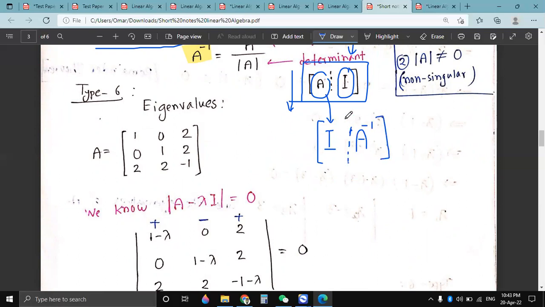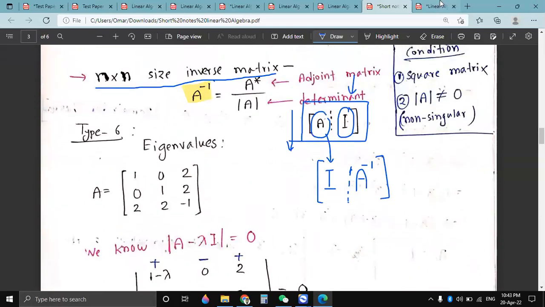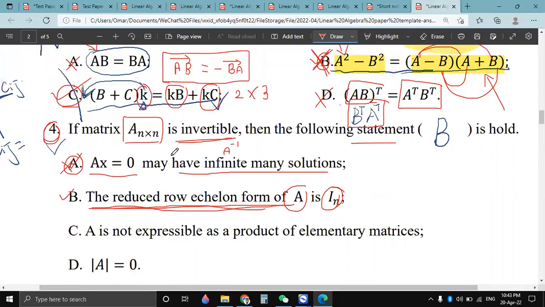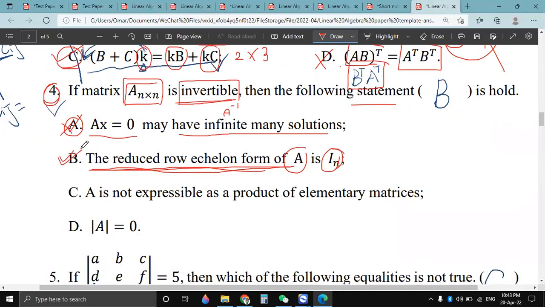So this is the process to find the inverse matrix. So according to that formula, we can say that the reduced row echelon form of A will be an identity matrix, because this matrix is invertible and it is a square matrix. So option B is correct.